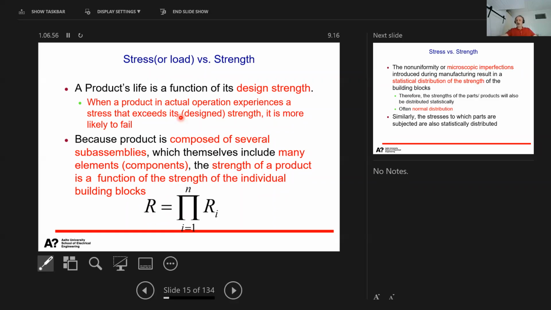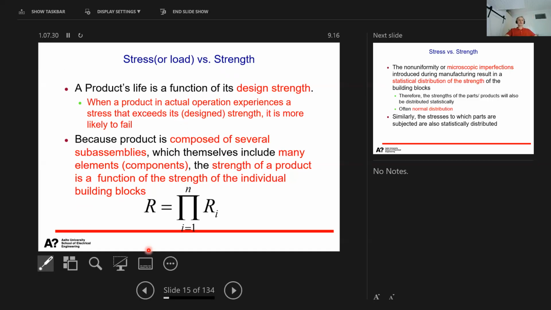Meaning that if you have a pen, I'm not sure if you can see this, but this is designed so that it can withstand a small amount of bending. But if I would use a little bit more force, I don't demonstrate it now, then of course this pen would break, because I am using higher stress than this pen's strength against this kind of bending load.